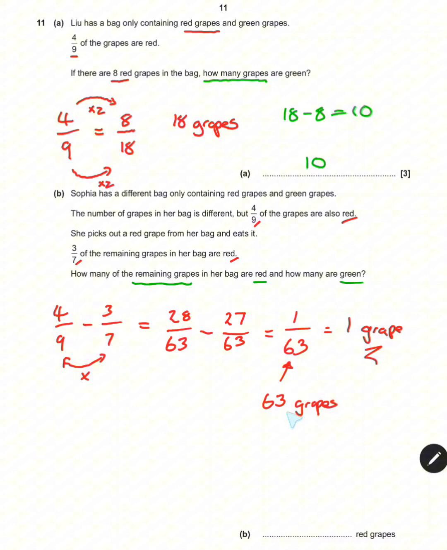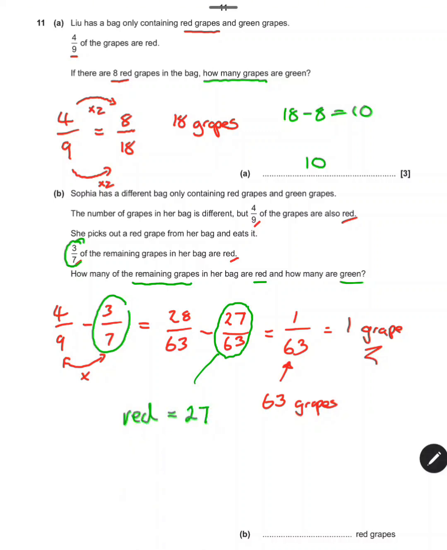So we're going to use this idea that there are 63 grapes in the bag. When we started the question, we worked with 3/7, and 3/7 is the same as 27 63rds. This is actually the red grapes at the end of the question. So red is 27 grapes.